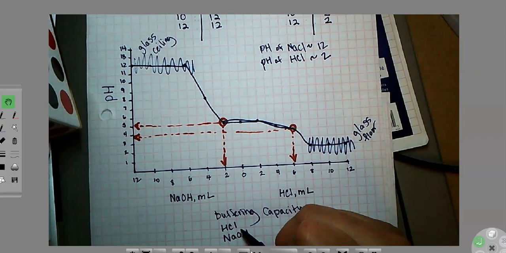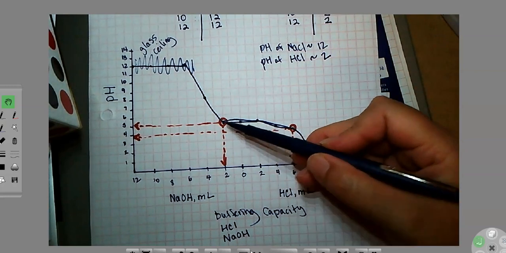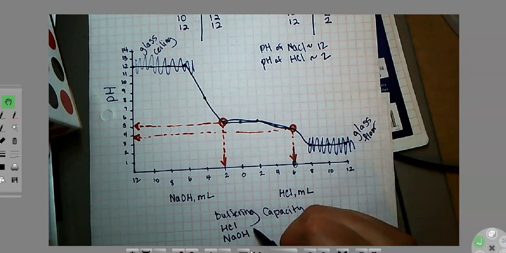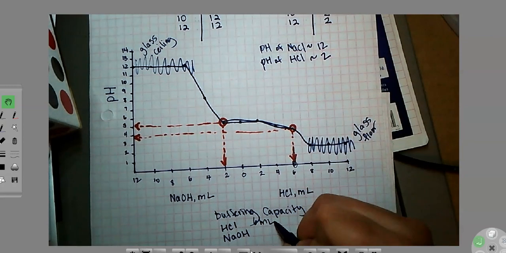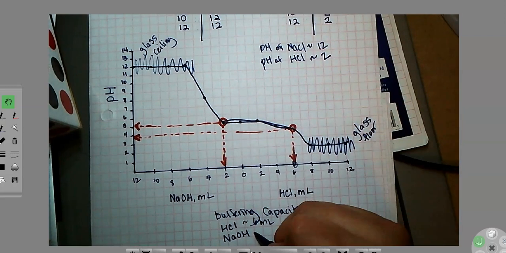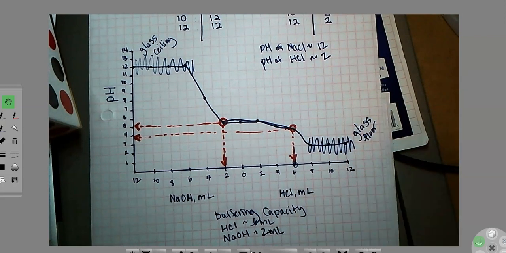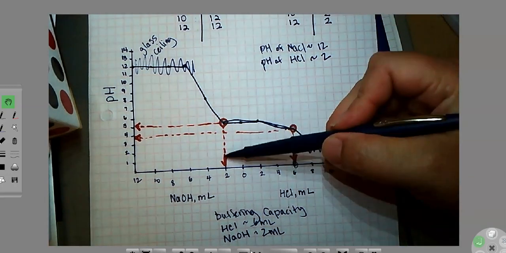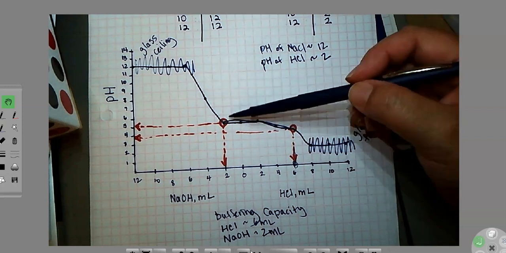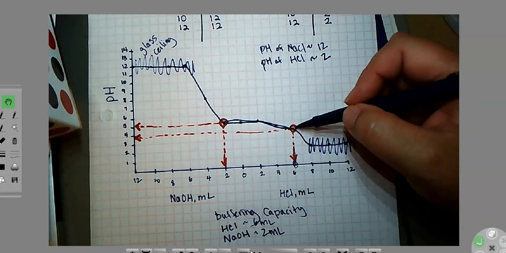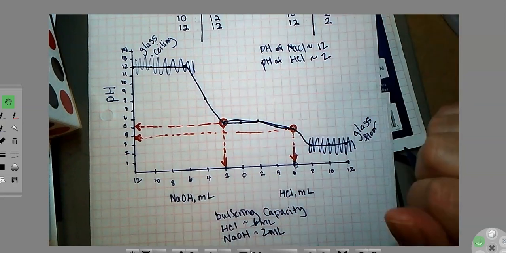The capacity for HCl is going to be here, which is 6 mLs. And then over here is going to be 2 mLs. So that means that after you add 2 mLs of NaOH, it no longer acts like a buffer. And once you add 6 mLs of HCl, it no longer acts like a buffer.